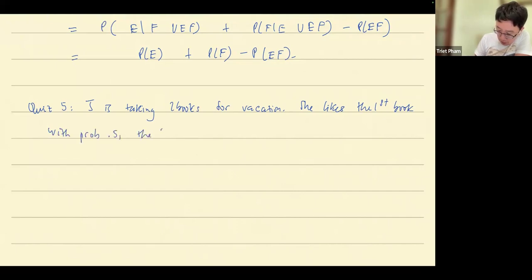The second with probability 0.4, and likes both with probability 0.3. Okay.